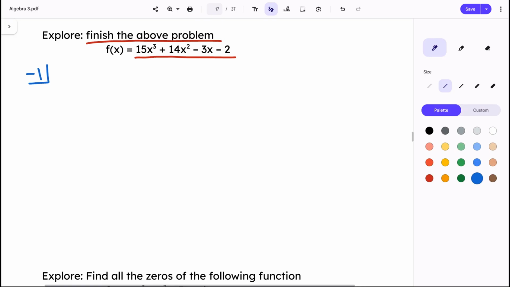Unless it has a 0, you can't use that number, because it's not going to be helpful to us. All right, what are my coefficients for this one? 15, 14, -3, -2. All right, remember we should get a 0 for our remainder, because that's the whole reason why we chose this number.